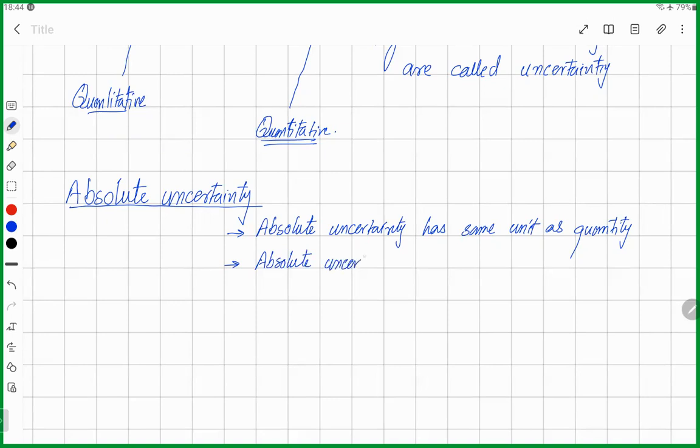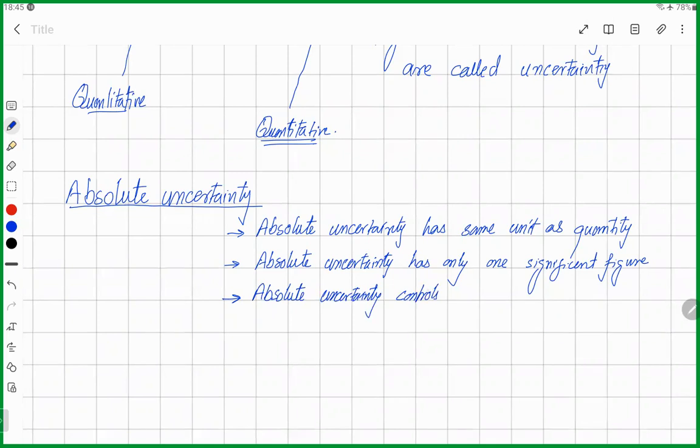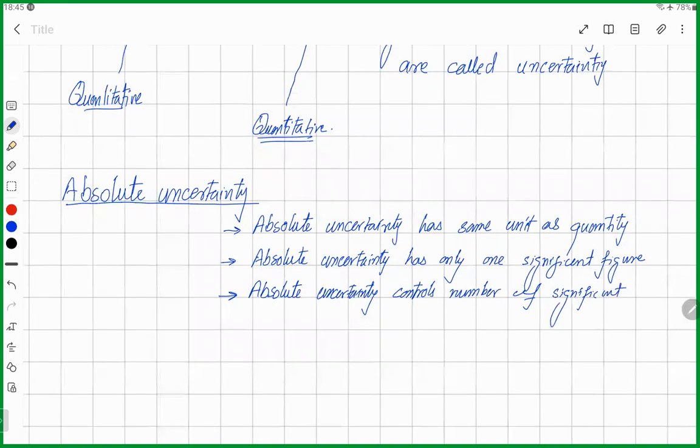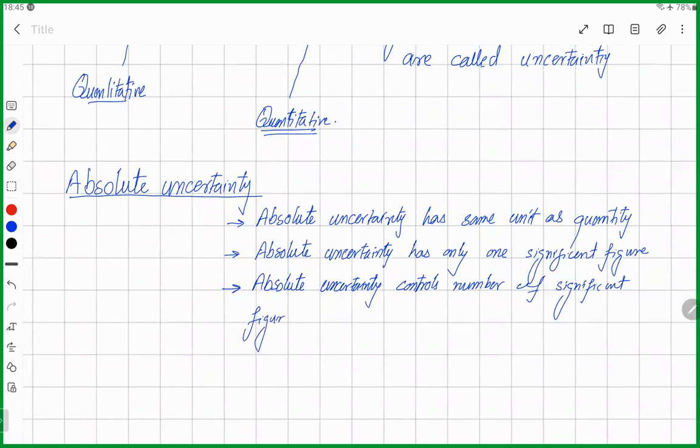Absolute uncertainty has only one significant figure, and absolute uncertainty controls the number of significant figures in the quantity measured or calculated.